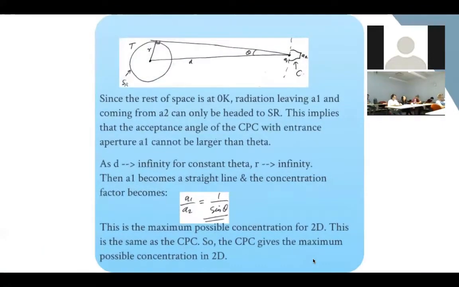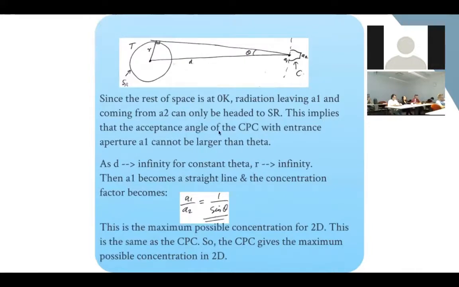Okay, so just to drive home that point, since the rest of the space is at 0 Kelvin, radiation leaving A1, which is this entrance of this concentrator, and coming from A2 can only be headed to the source because there's nothing else in this particular universe.